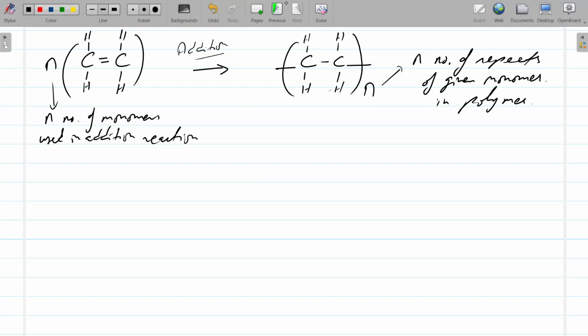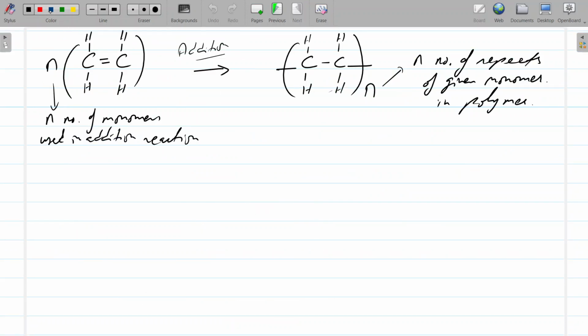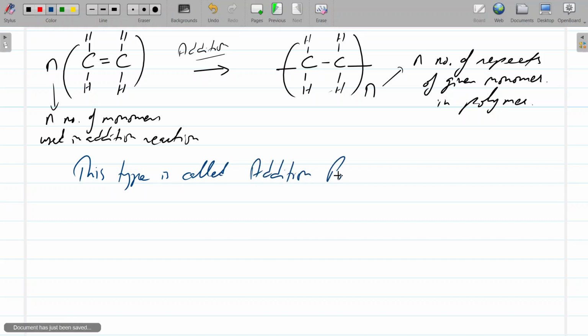So this is an example of polythene, which is a plastic that is widely used in many applications. It's used as an insulating material, or other stuff. Now this type of process, as you might guess, is called addition polymerization.